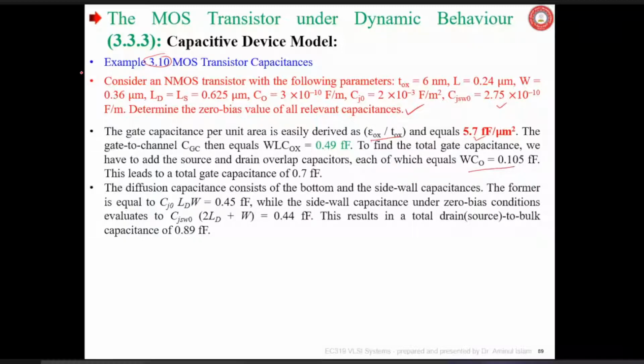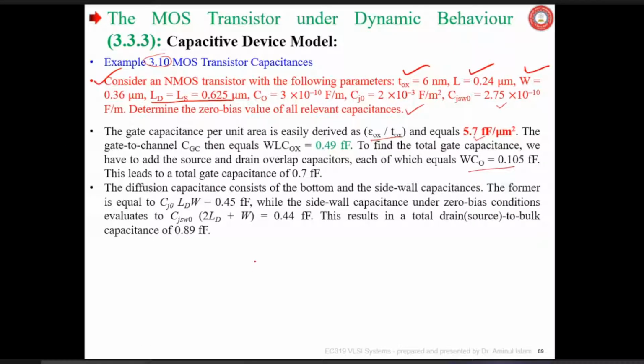Now, one numerical is given in your book. Try to understand and solve it. The solution is given possibly, and you try to understand it. The oxide thickness is given as 6 nanometer, length is 0.24 micrometer, width is 0.36 micrometer. LD and LS, note down here, are given as 0.625 micrometer, larger than the channel length.